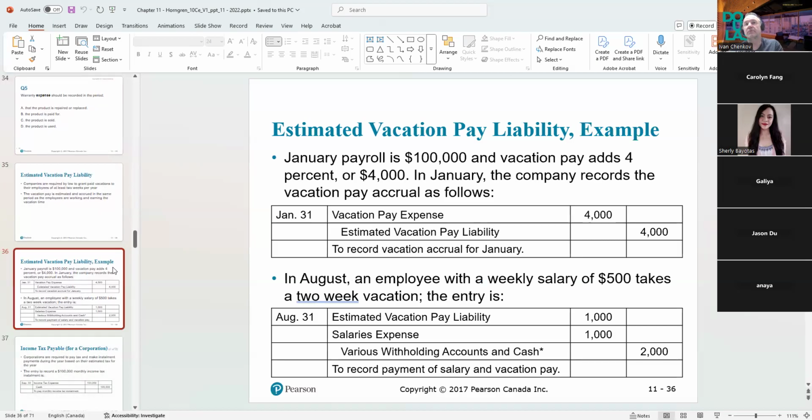So let's show it. What will that be? We're going to go with the payroll. We're adding the 4 percent. 4% is equal to 10 days per year. And then we're going to debit vacation expense, credit estimated vacation payable.